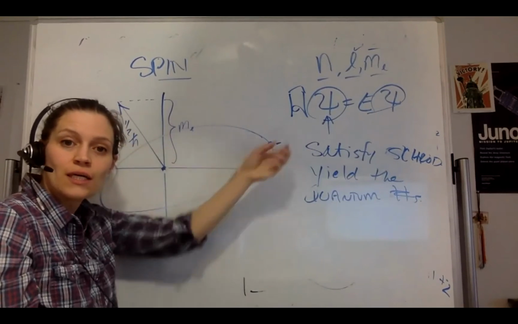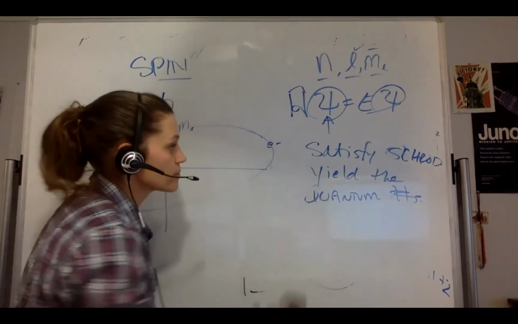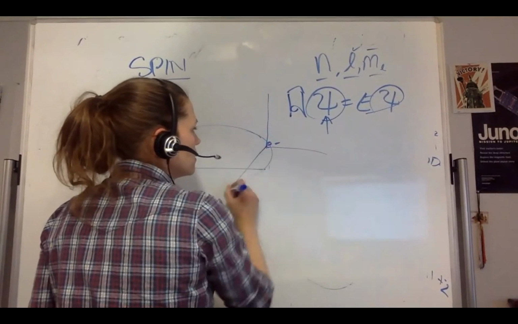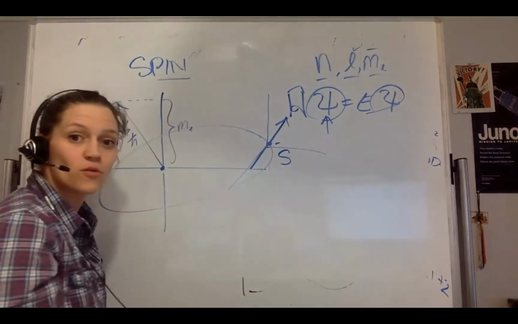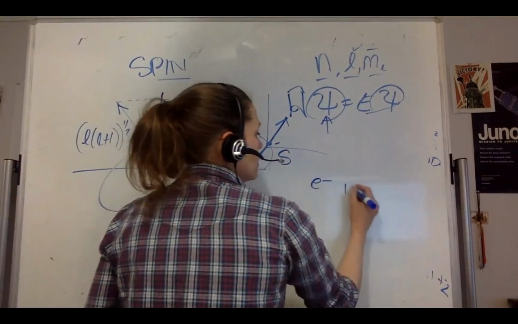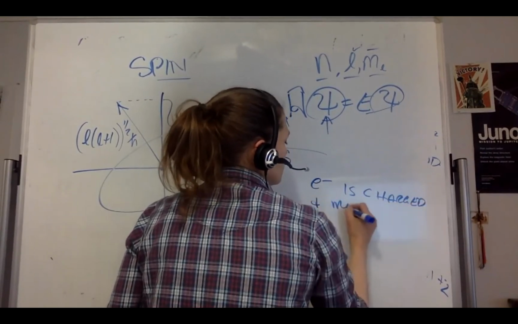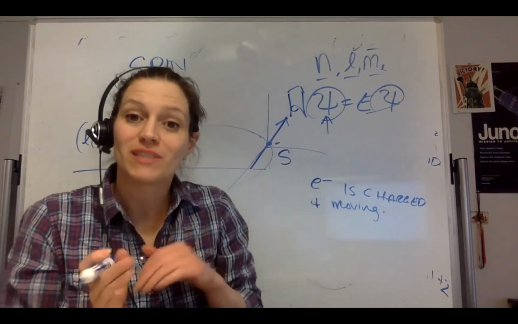Same picture, zoomed in. So now we have spin quantum number S. The electron is charged and moving. Because it's moving, it's accelerating, which means it's changing direction.